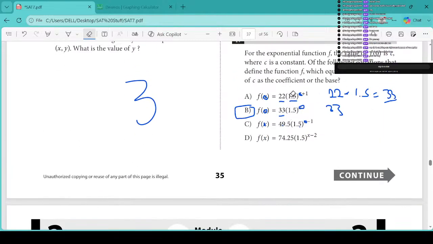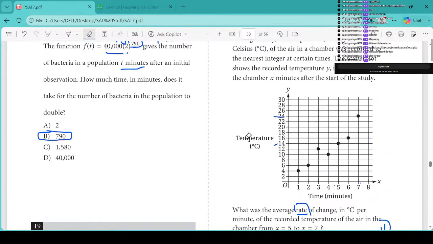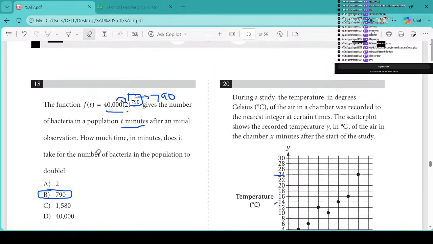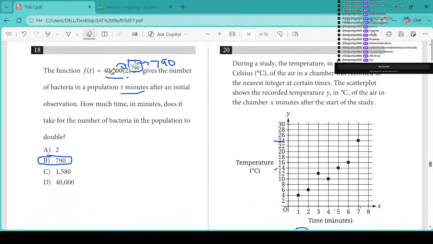I mean, you have to solve for C manually. Anyways, this one is, yup, exponential. So as I was saying, initial, multiplier, and the time it takes.